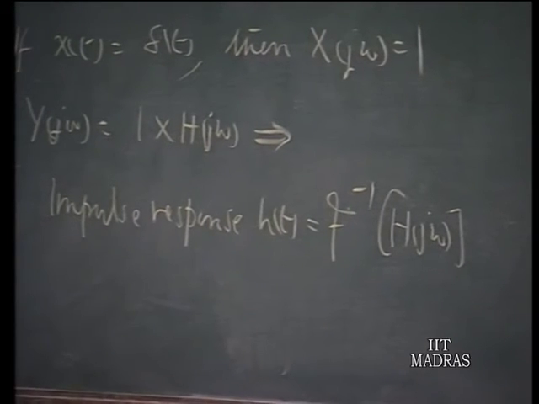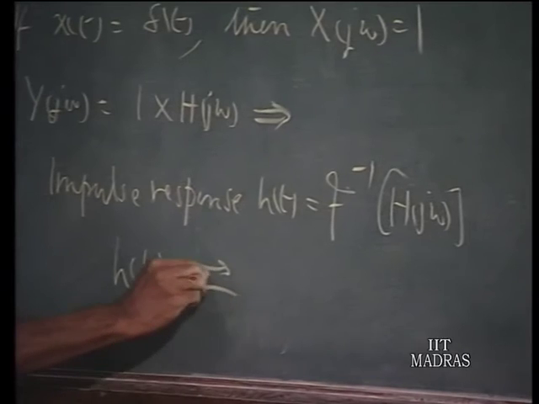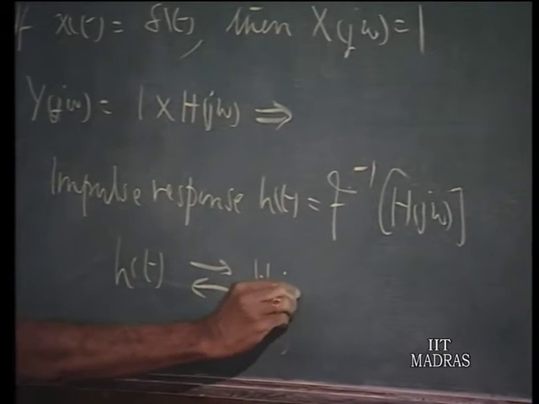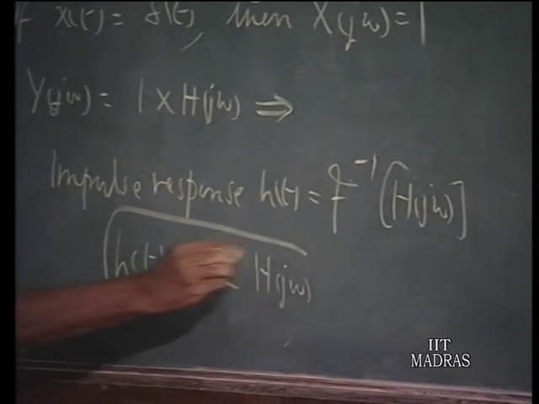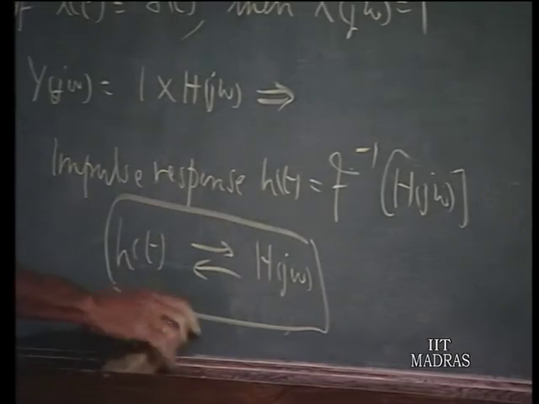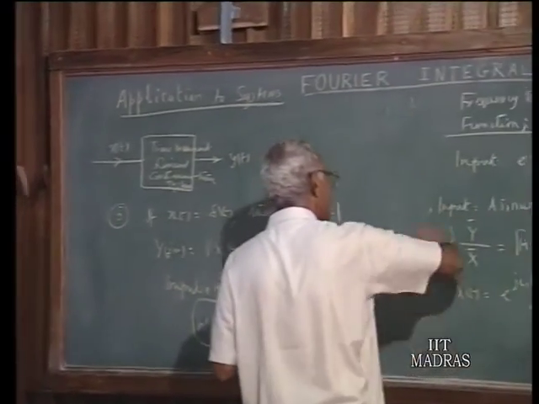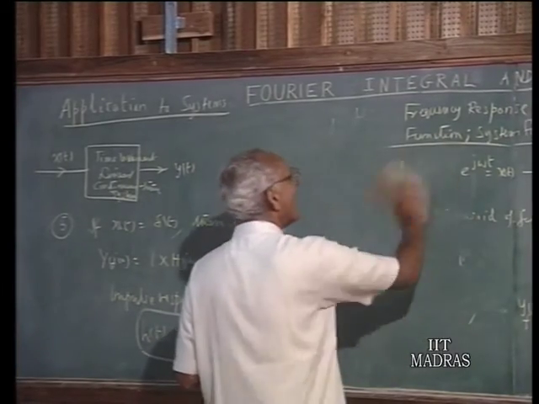Or to put in other words, the impulse response h of t and the system function form a transform pair. This is indeed a very useful result. System function is the Fourier transform of the impulse response, or the impulse response is the inverse Fourier transform of the system function.